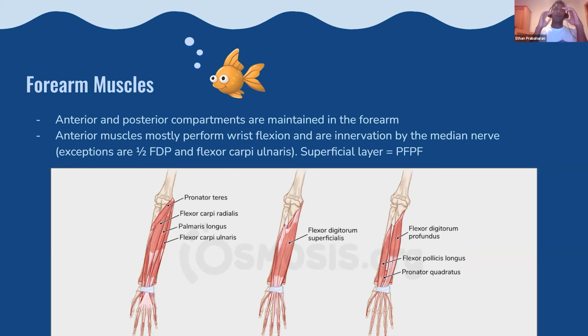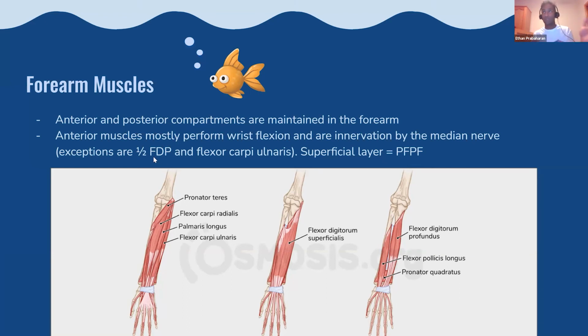Okay, so how I like to remember the muscles that are innervated by the median nerve and the ulnar nerve: everything's innervated by the median nerve, except the muscles that are actually located on the ulnar side of the forearm. So flexor carpi ulnaris is innervated by the ulnar nerve because that actually runs on the medial forearm.